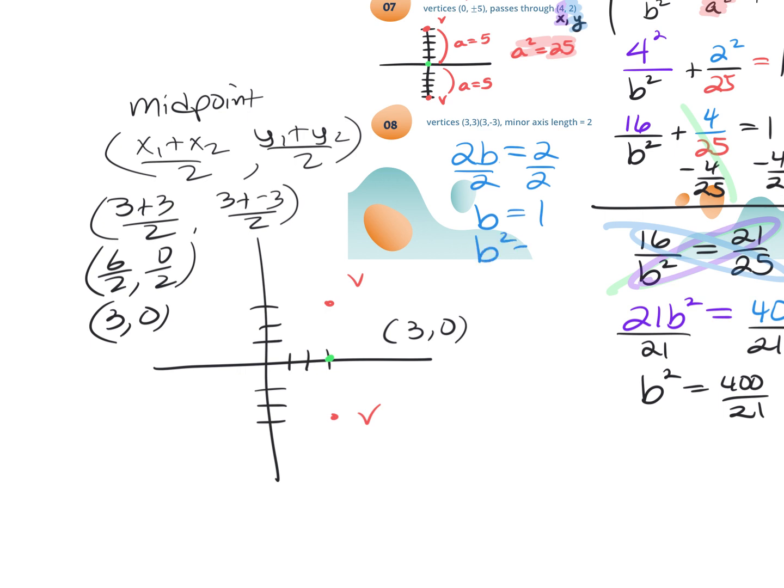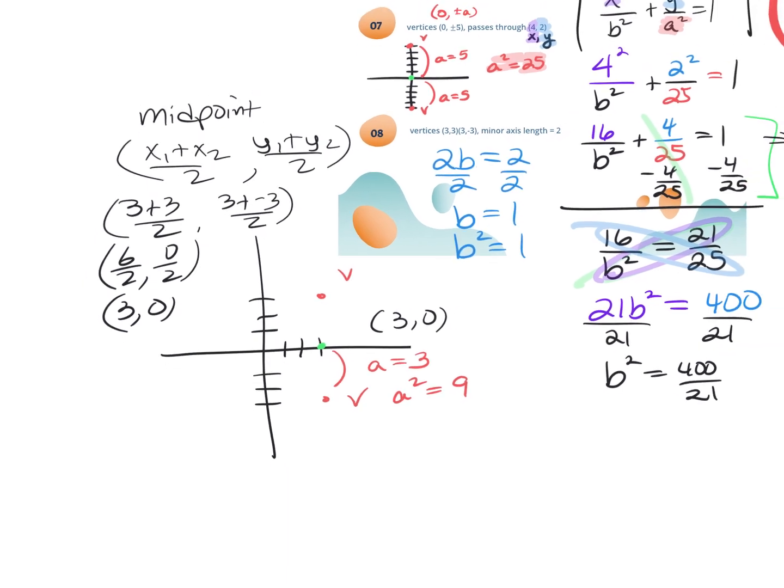So B squared is also equal to 1. Now, I can go back to my visual here and get my measurement for A just by counting how many spaces away my vertex is from that center. And I can see that it's 3 spaces away. So my A value is 3. So A squared is 9.